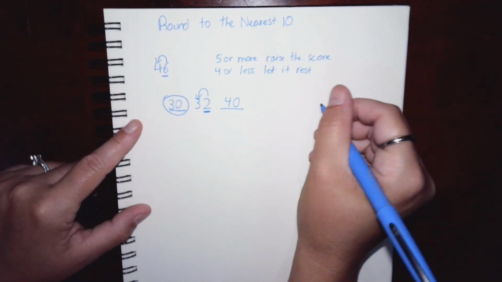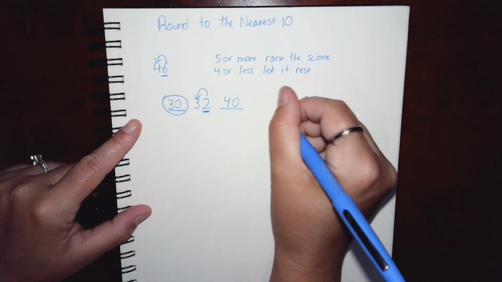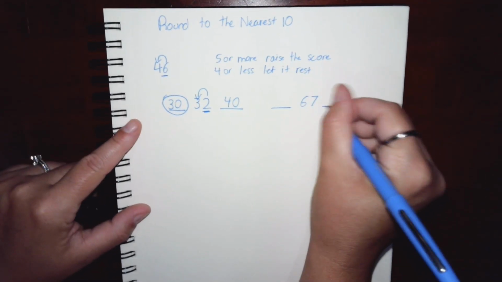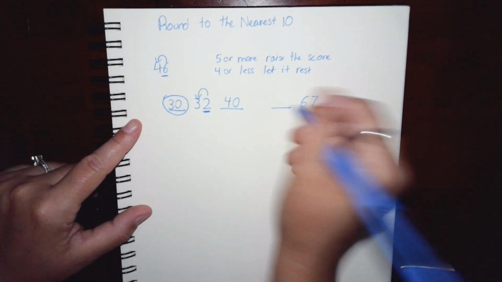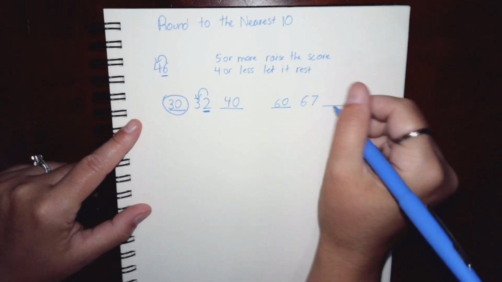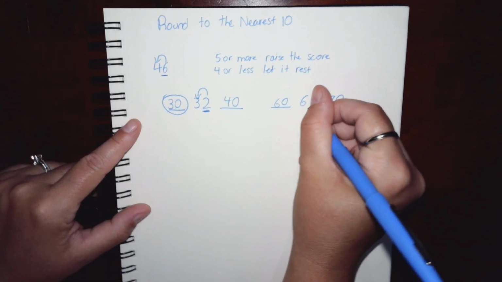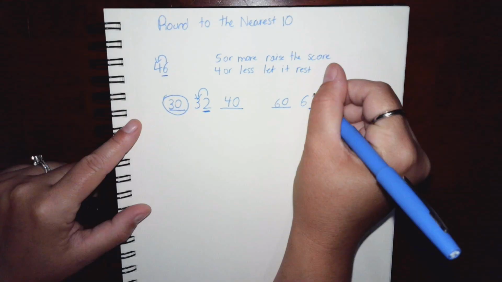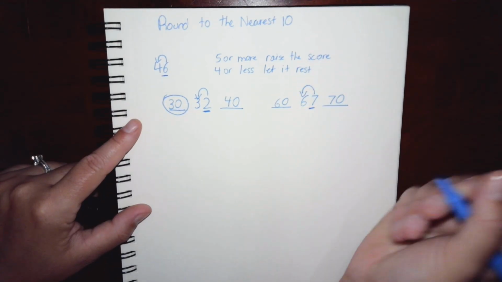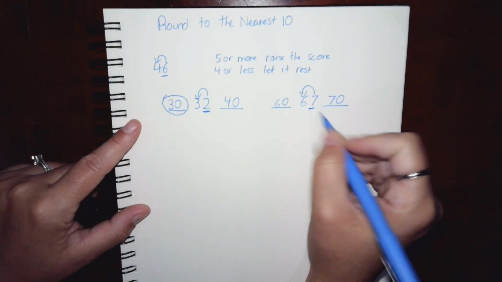Let's do 67. What decade am I in? I'm in the 60s. What's my next decade? 70s. I'm going to look at the ones place, which has a 7, and that helps me tell which decade I will be closest to.